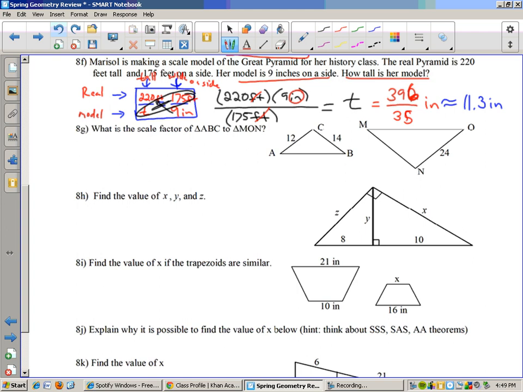The real one was 220 tall and 170 feet wide. So it's a little taller than it is wide. Well, the model was 11.3 tall and 9 inches wide. I'm not seeing anything to get alarmed about there. It's a little taller than it is wide. It's a little harder to estimate 396 over 35. But 11.3 we like. We're used to it.